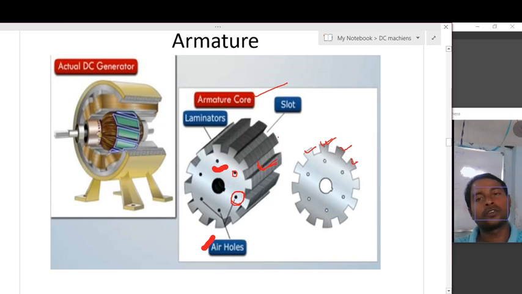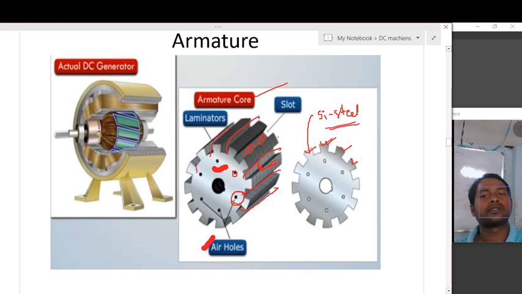Then only can we reduce the eddy current losses. The material used to construct the armature is silicon steel, and these are the slots where we should place the winding like this.